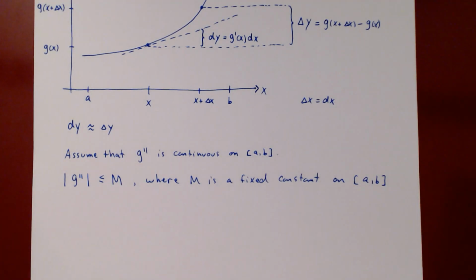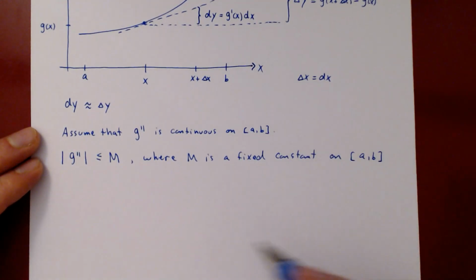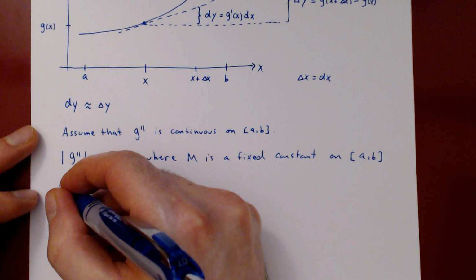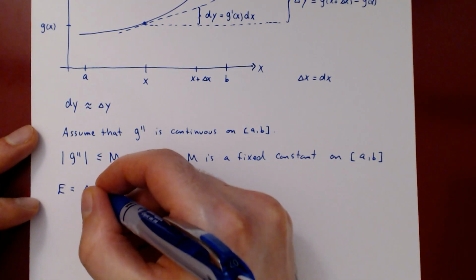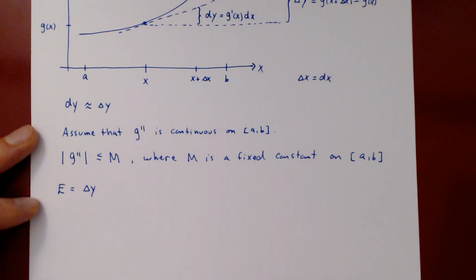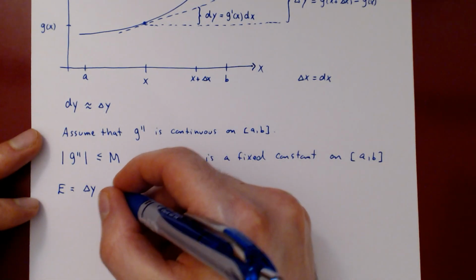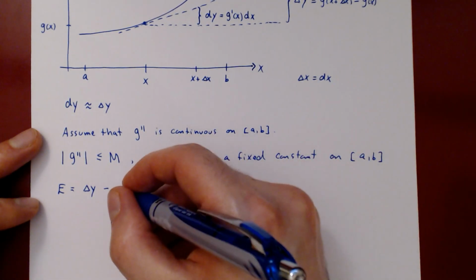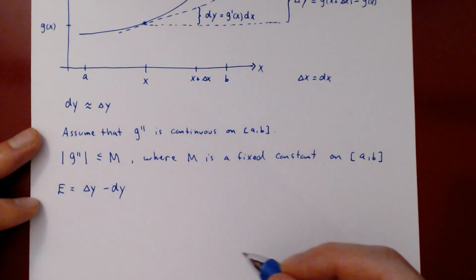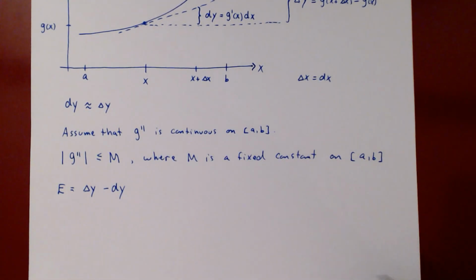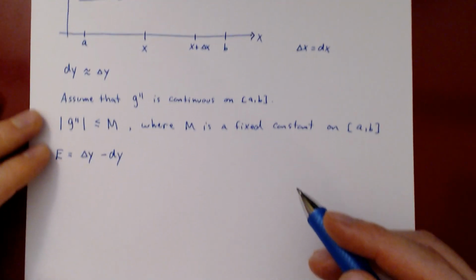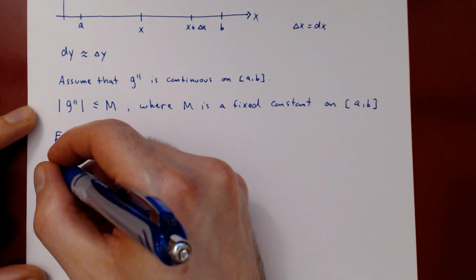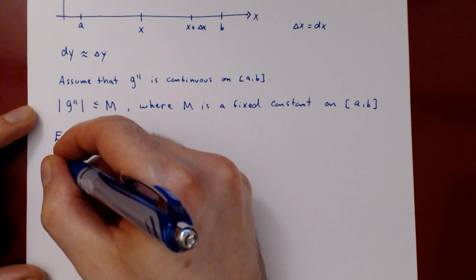Now we are good to go. So again, we care about the error of our approximation. The error, of course, is the exact value, delta y, the exact change in the function, minus the approximate value, dy, the change along its tangent line. And we don't care so much for the error, but for the size of the error. So what we care about is estimating the error in absolute value.